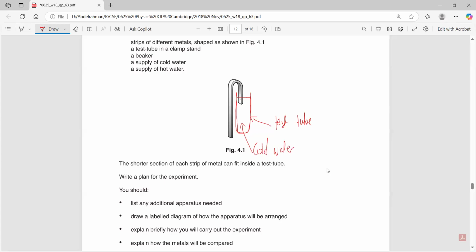And then we need a thermometer inside it to measure the temperature or the rise in temperature. This is the thermometer inside the cold test tube. What about the longer section? The longer section should be fitted inside a hot beaker, or large beaker, with hot water inside it. So this is a beaker with hot water inside it.